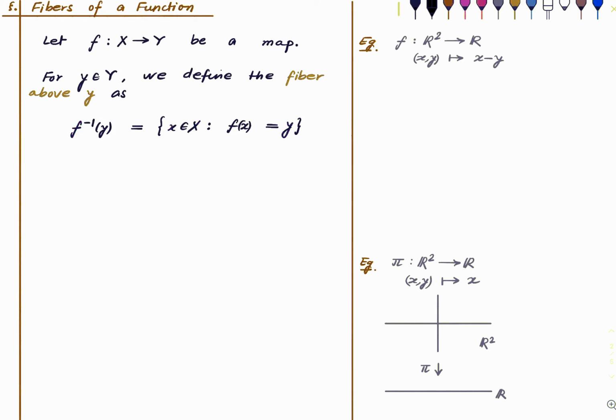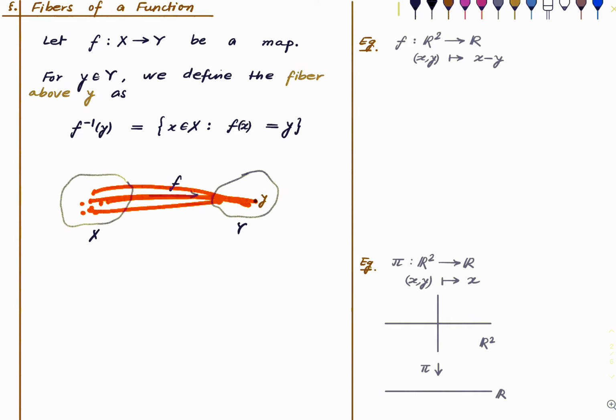To draw an abstract diagram, suppose this is our set X, this is the set Y, and we have a function f which takes X to Y, and let's say the point y is here. So the fiber above y is nothing but all those points in the domain which map to y.